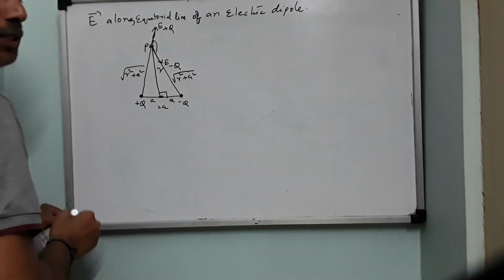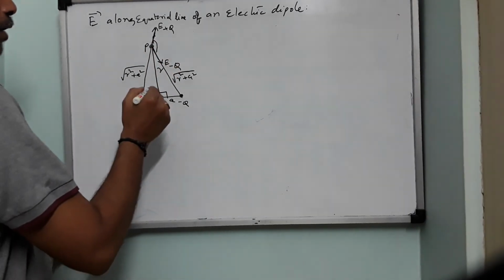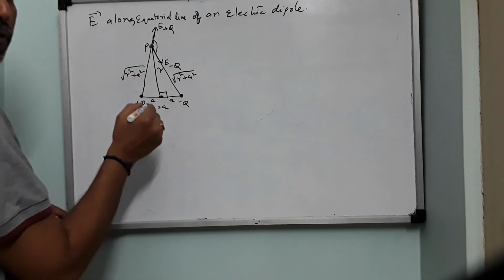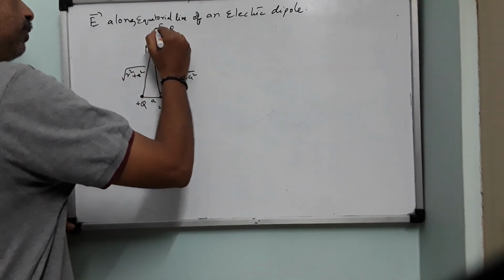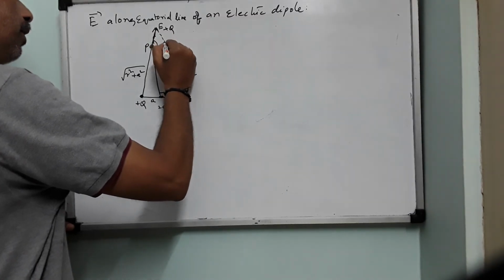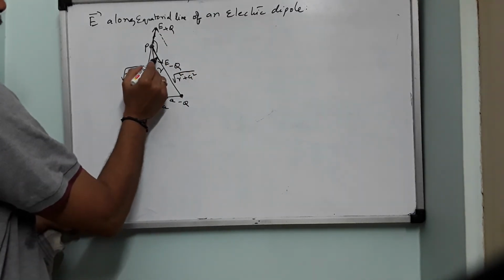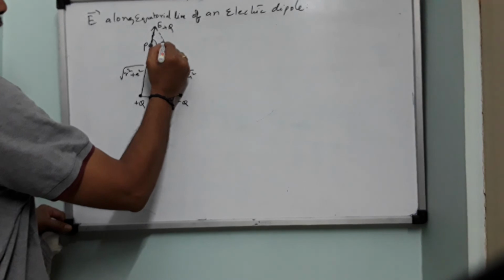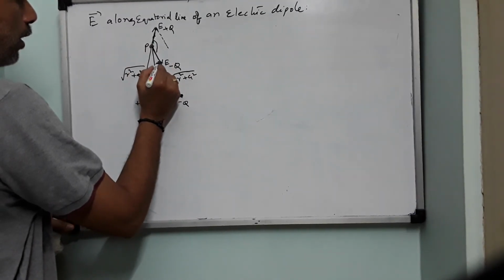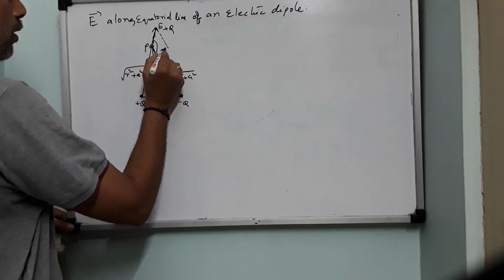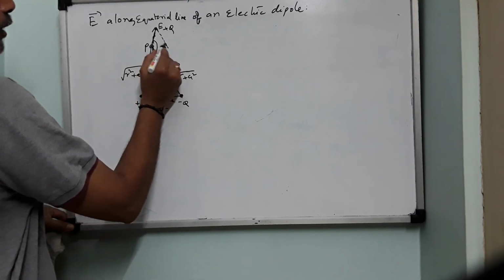Now there are two vectors acting at point P with a certain angle. We do not know how much this angle is. Then to calculate the net electric field, you have to follow the vector laws. So draw a parallelogram. This side and this side are parallel, and for this side, from this point you draw another parallel. This line is parallel to this line.